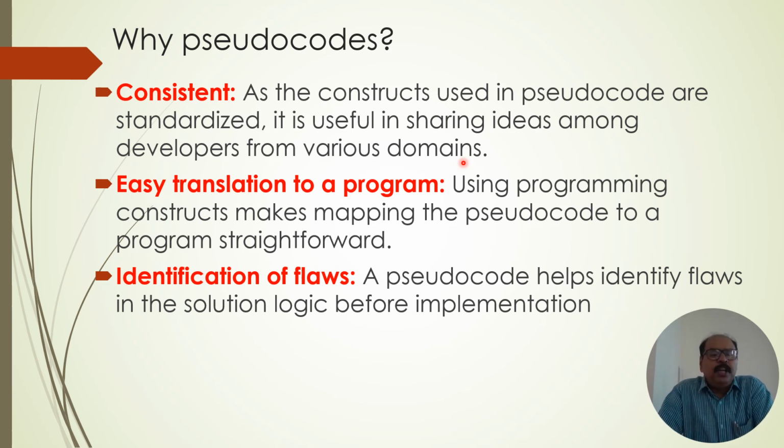The sixth point here, identification of flaws. Executing a program, maybe if you are doing it in an embedded system or a system which is using hardware or something else, maybe it is going to be more resource consuming. Sometimes executing the real code may be consuming resources.